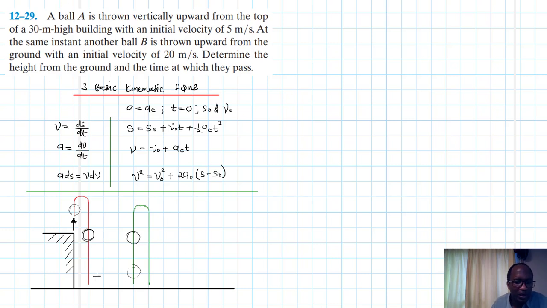Let me draw the path for this ball and also for the other one, and then I dot the rest of the paths to continue. There we go, we have these two balls.